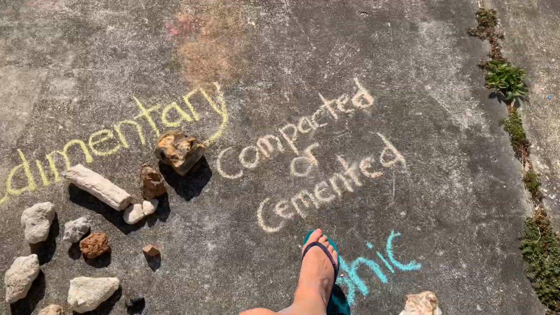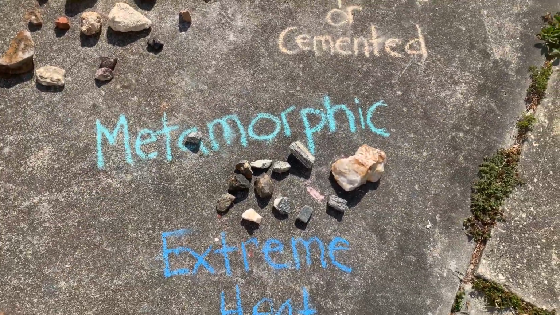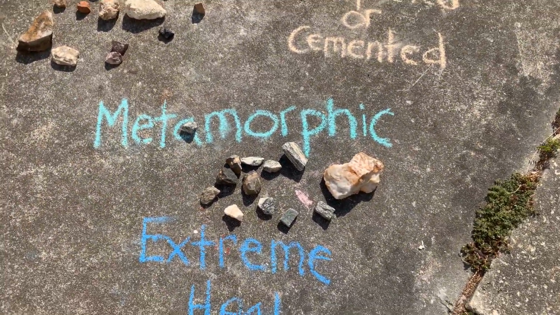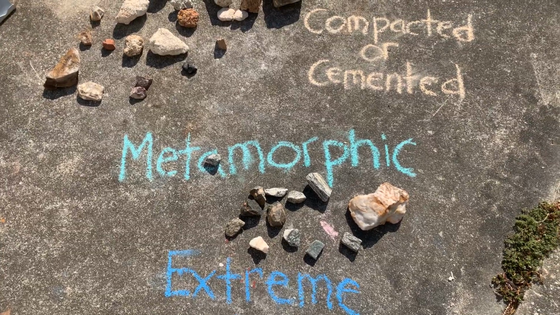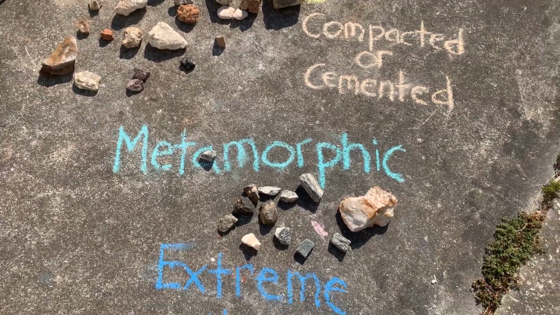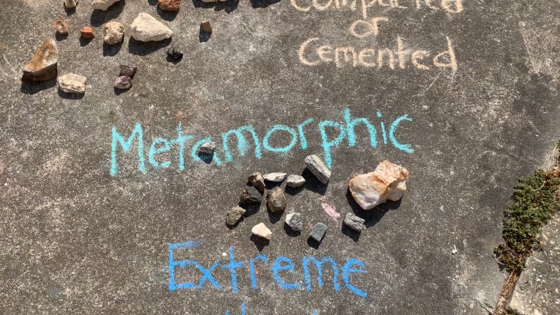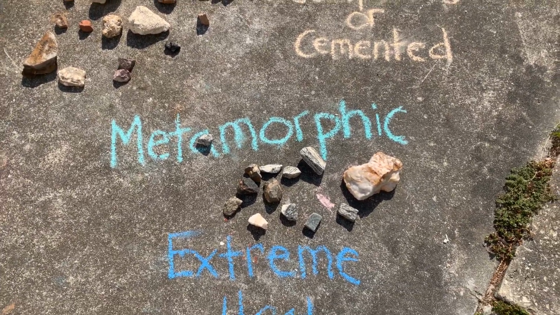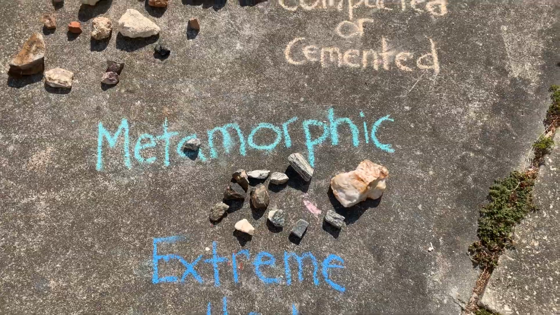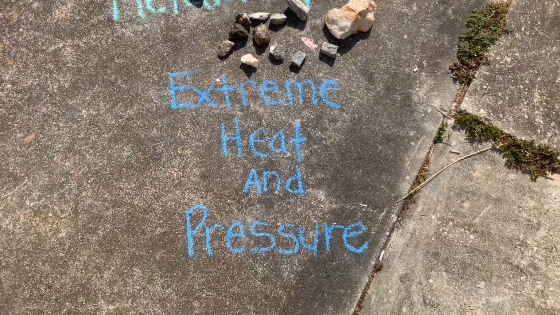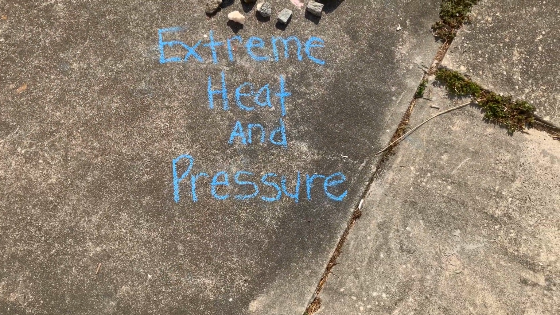Moving on again now to our metamorphic rocks. You might recognize the word morph, which comes from the word meaning to change. Metamorphic rocks are other rocks that have changed their chemical composition into something new. They do so with extreme heat and pressure.